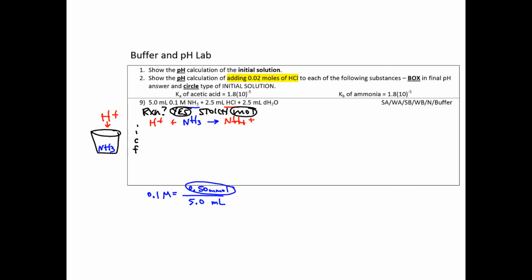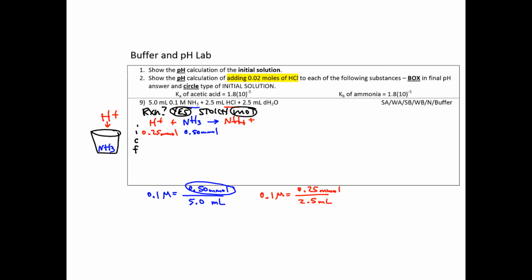So I'm going to write that here, 0.50 millimoles. Let's do the H plus. That was a 0.1 molar, but I only used 2.5 milliliters of that. That's going to be 0.25 millimoles.